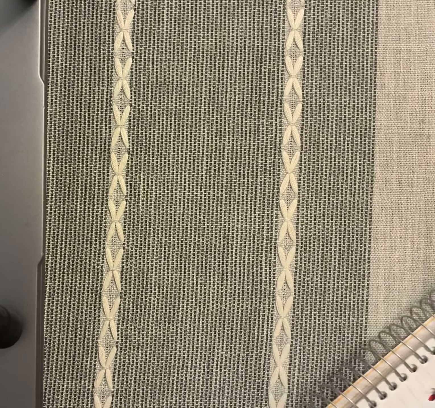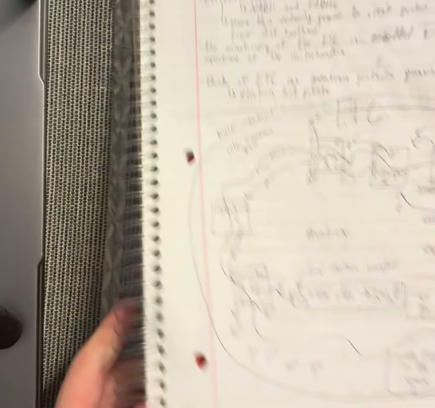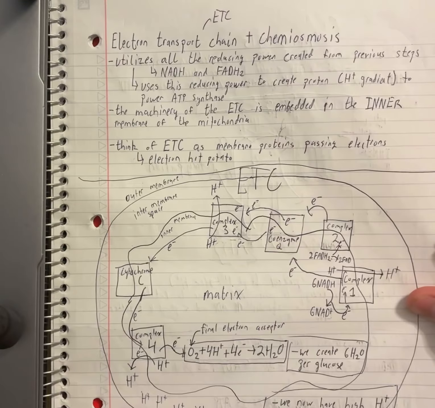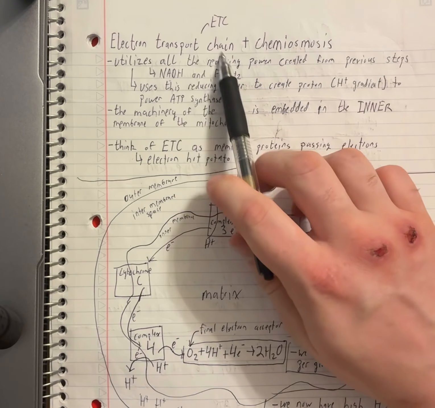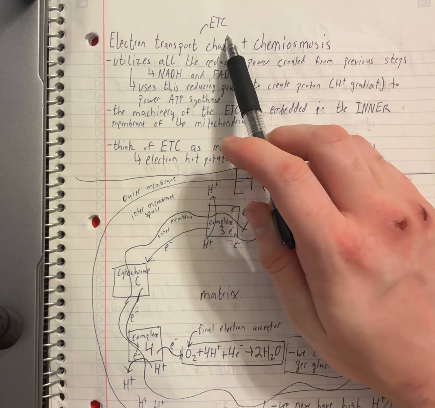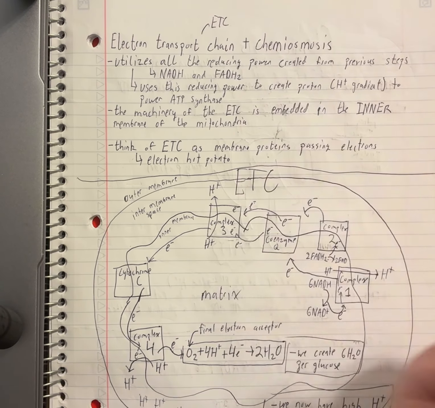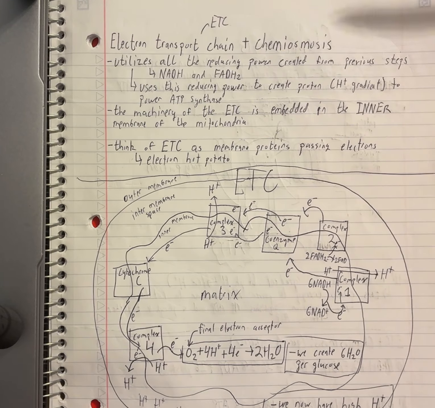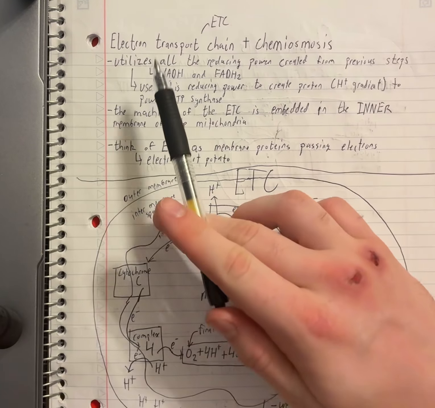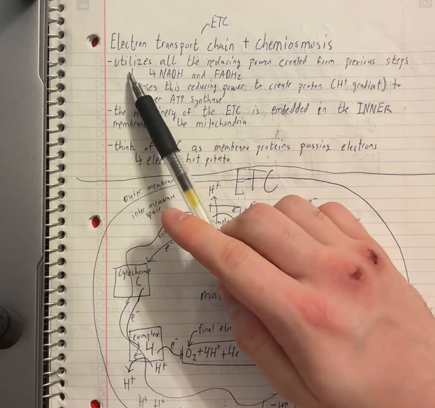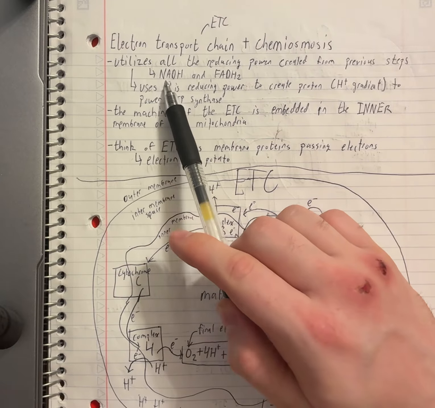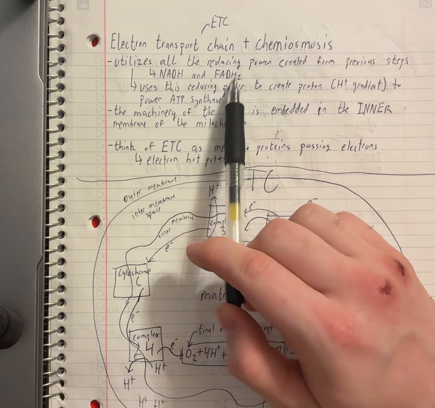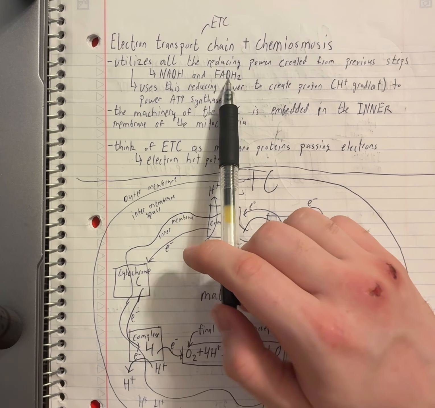So now we're going to get into the final step of cellular respiration, which is the electron transport chain, often shortened to ETC, and chemiosmosis. I mentioned it with the Krebs cycle. The electron transport chain is going to utilize all of that NADH and FADH2 that we have been building up from previous steps.